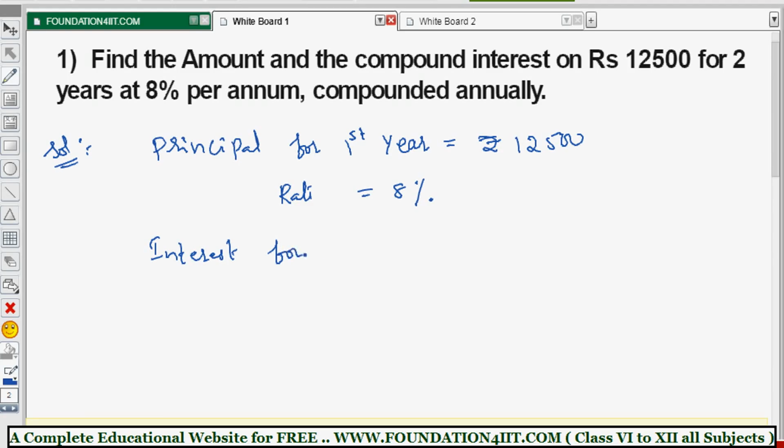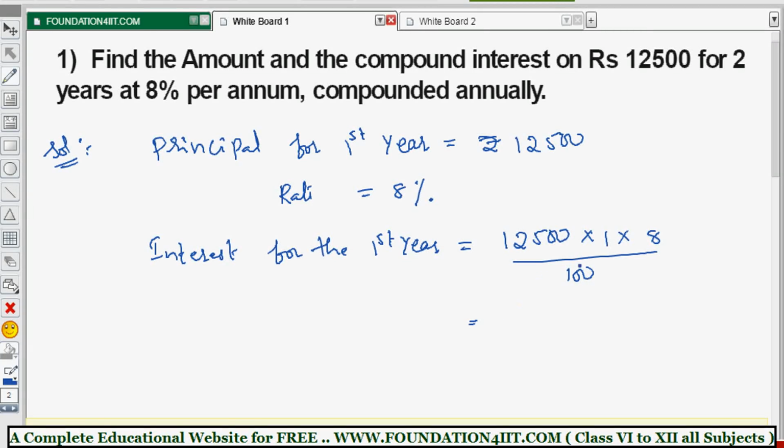Unless we know a formula for compound interest, we have to use simple interest only. That is PTR by 100. So your principal is 12,500, time is 1 year, and the rate of interest is 8%, divided by 100. Now this is the interest for the first year.